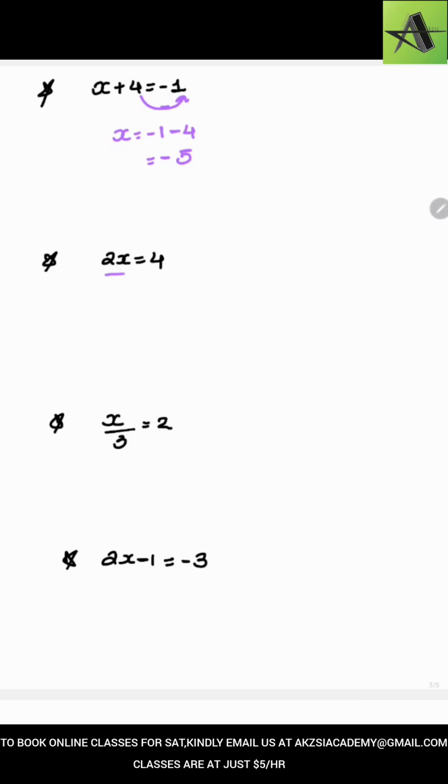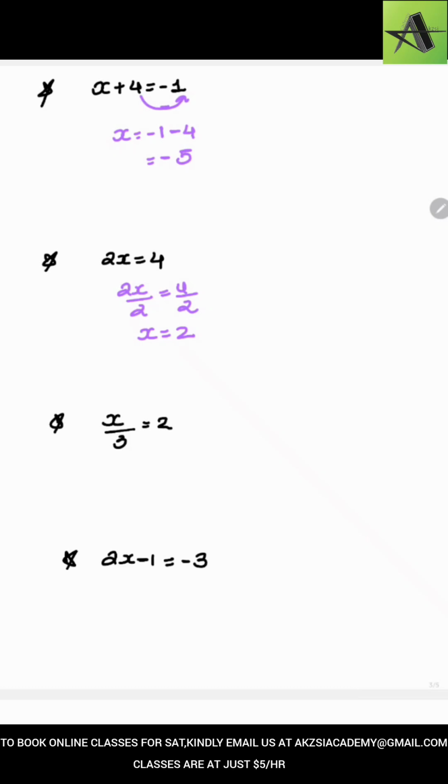Here 2x equals 4. So if a number is in division or in multiplication with x, you have to do the reverse operation. That means 2 is in multiplication with x. So I am doing the reverse operation, dividing both the sides by 2, which is 2x over 2 and 4 over 2 will give me x equals 2.